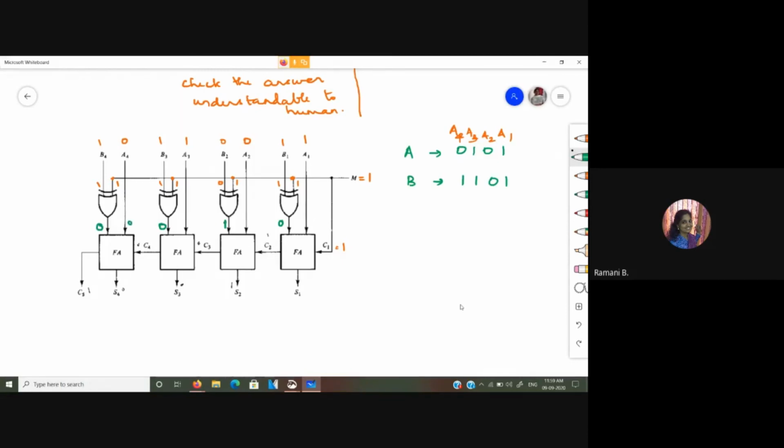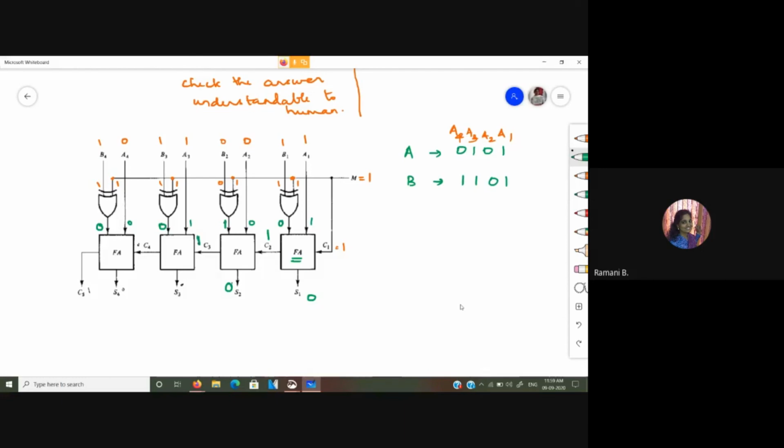Then the A bits 0, 1, 0, 1. This is an adder only, so we are going to perform addition only. The thing is, we are going to perform the subtraction operation using addition. So here 0, 1, 1: the sum is 0, carry is 1. Here again 1, 0, 1: the sum is 0, carry is 1.